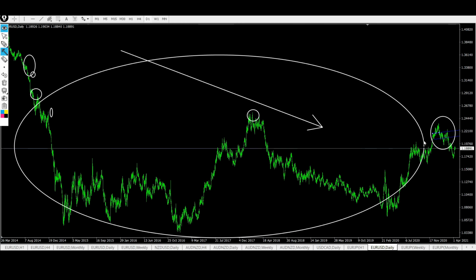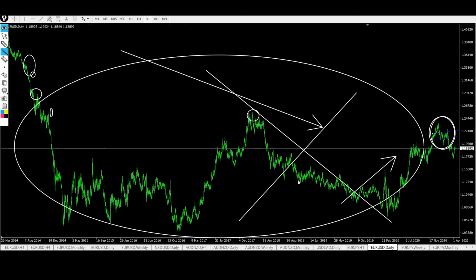And what we wanted for this H&S to be legitimate is for the prior trend to be long, which was not the case for this H&S. So this H&S did not clear element number 4 because the prior trend was not in the opposing direction.